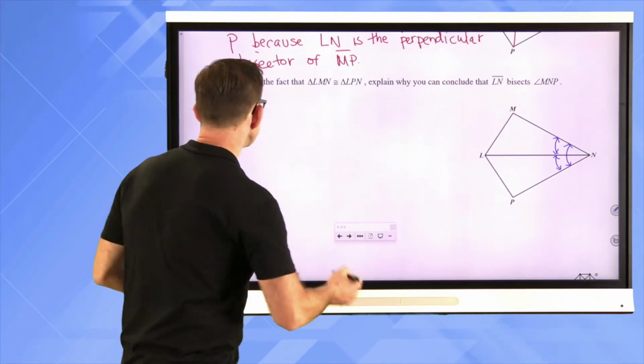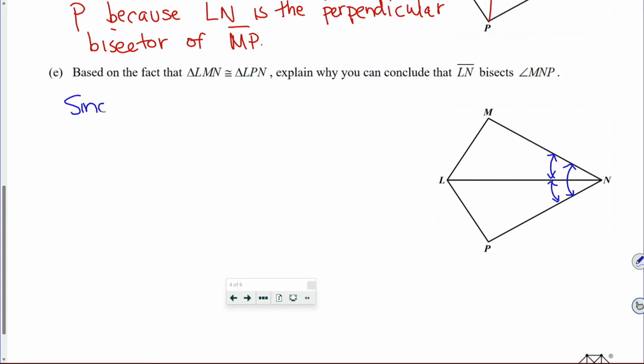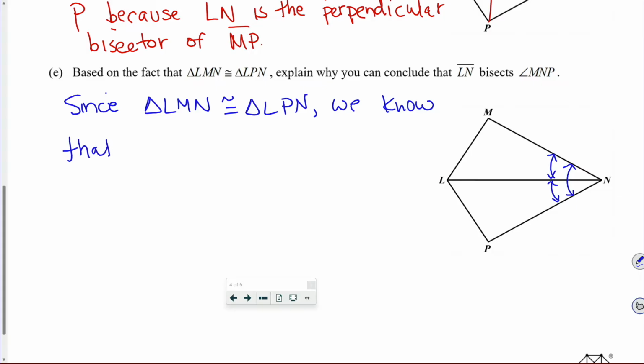There it is. So since triangle LMN is congruent to triangle LPN, we know that angle MNL is congruent to angle PNL because they correspond.